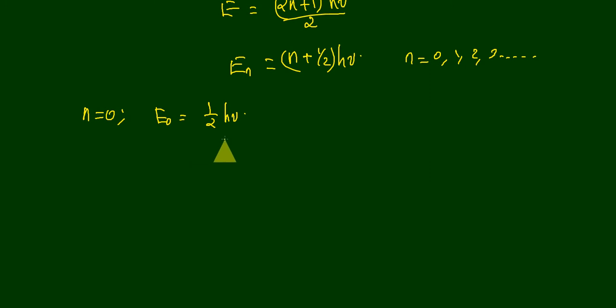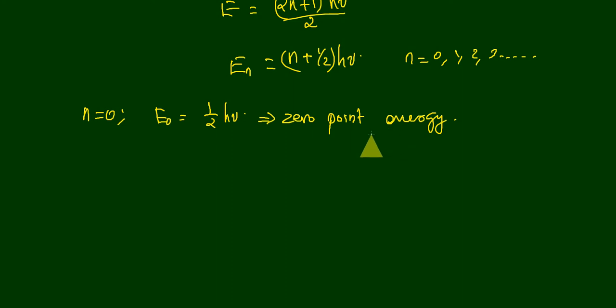This means that it always has some amount of energy. So its energy never becomes equal to 0. Okay, it has some definite value. And so this is called the zero point energy.